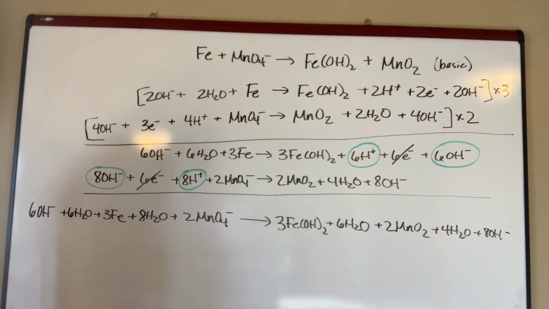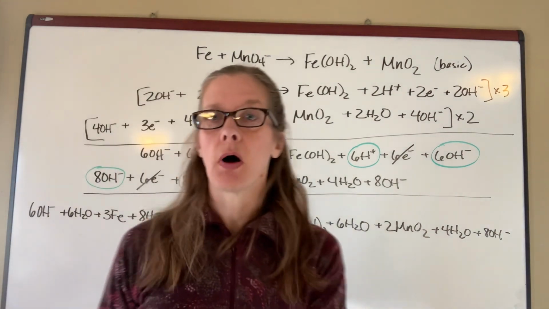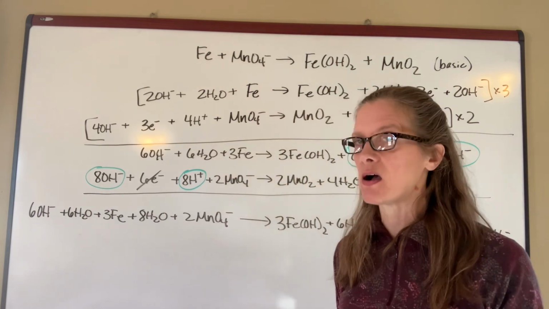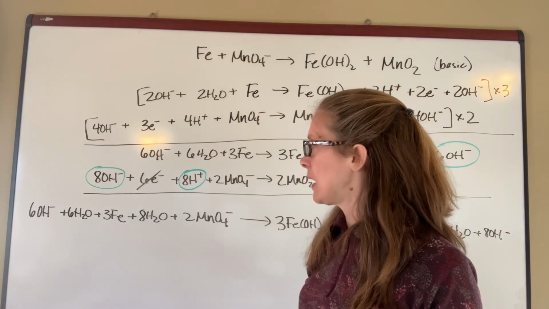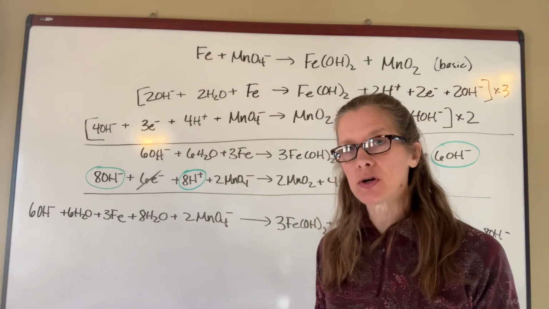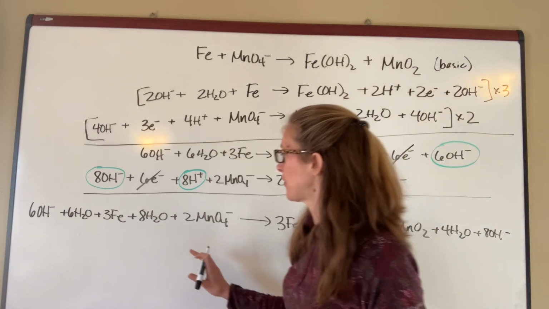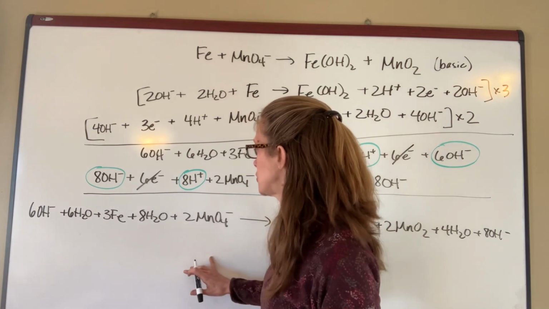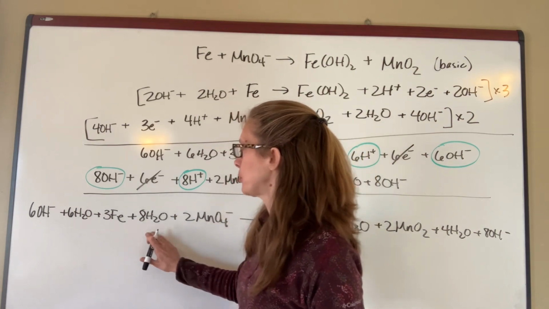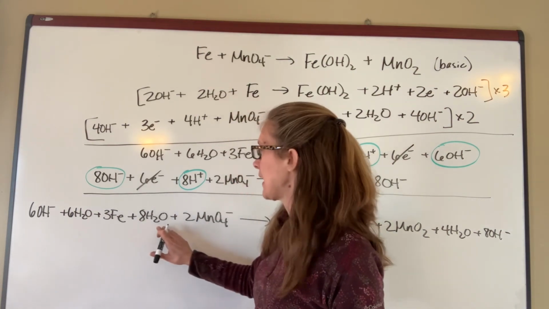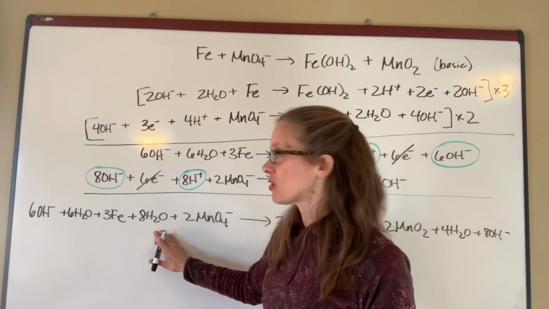Okay, am I done? No, because I have a whole bunch of things that I can now cancel out. I can add like things together to get it all simplified. So if you notice, if I look at the left-hand side first, I have waters in 2 different places. I have 6 here and I have 8 here, and that makes a total of 14.